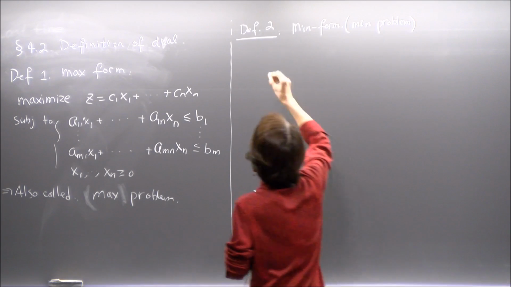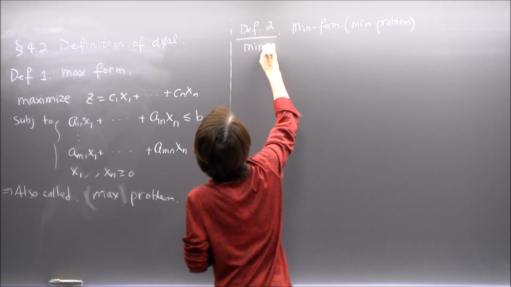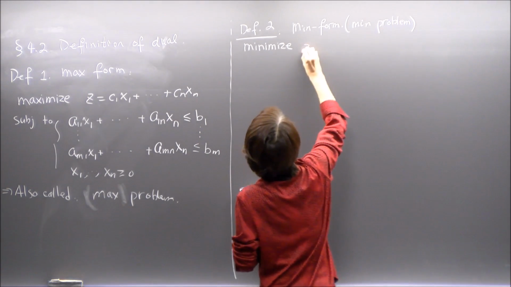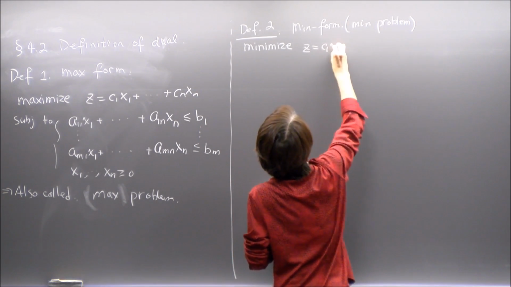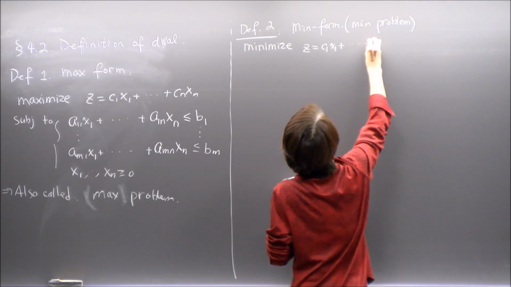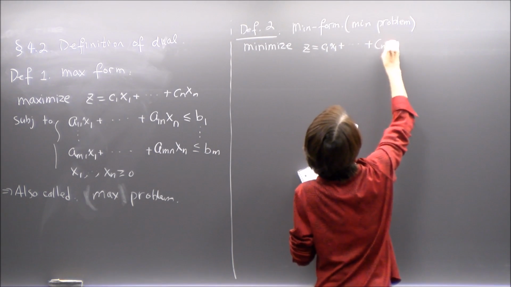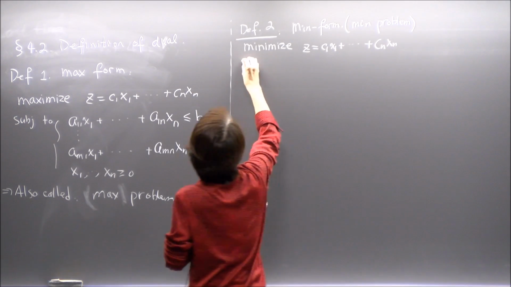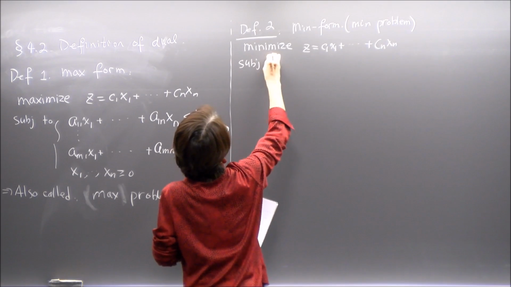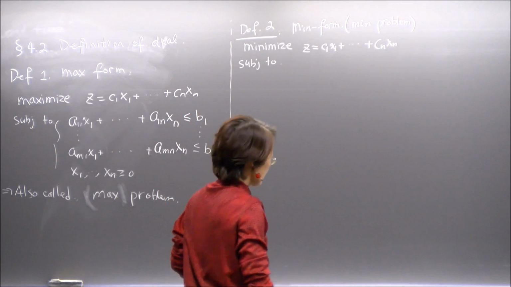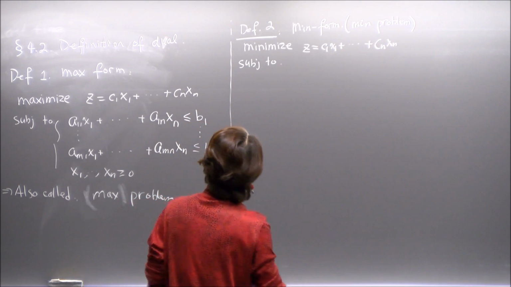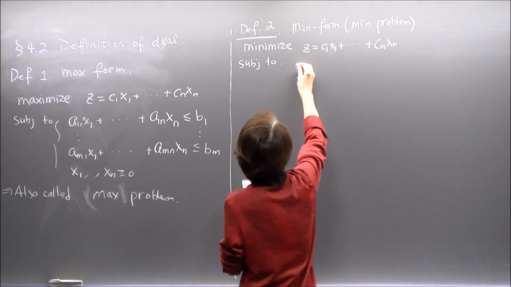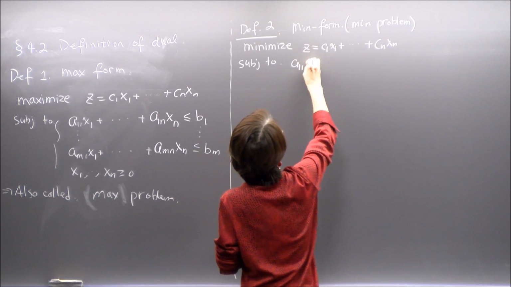So I will minimize z equals c1 x1 and so on. So minimize some objective function, and I have constraints, and now the constraints will have the bigger than or equal sign. So I basically will copy this down and write bigger than or equal. So let me do it.